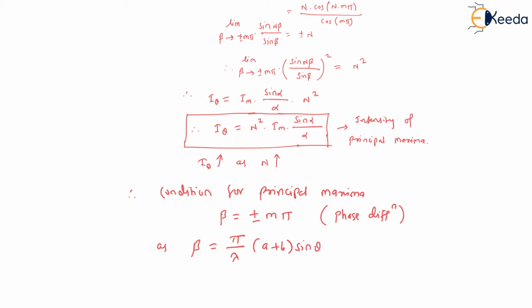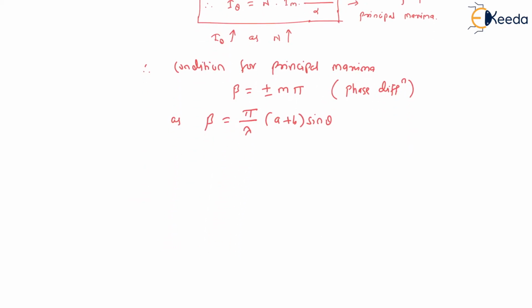So by using these two equations, we can write pi by lambda into a plus b into sine theta is equal to plus minus m into pi. Again pi will get cancelled and we have the path difference, a plus b into sine theta, as plus minus m into lambda.